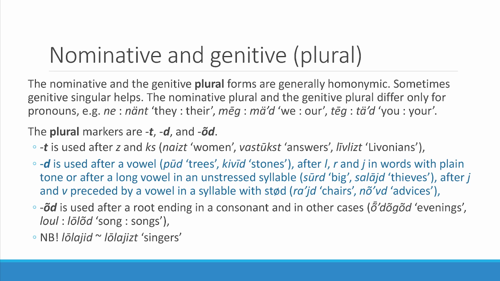And also the D follows the L, R, and J in the words with a plain tone. For example, in the word suur, big, suurd, and also when there is a long vowel in the unstressed syllable and ending with a J, then you add this soft D. So it's salide, thieves.